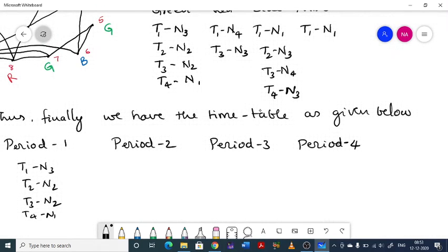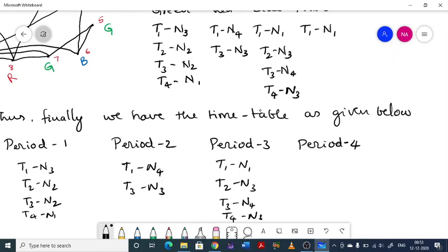Period 2: T1 N4, T3 N3. Period 3: T1 N1, T2 N3, T3 N4, T4 N3. The last period T1 N.